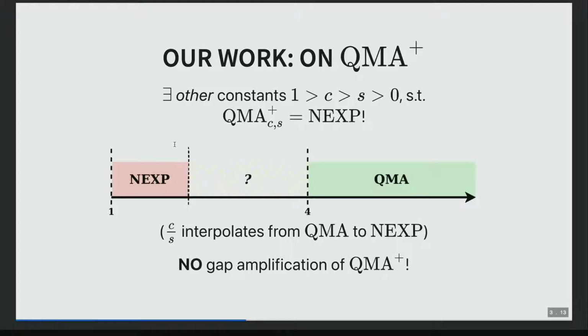So now we have a class, QMA plus, that interpolates, if you change this gap, C minus S, or you take the ratio C over S, that in constants goes from QMA all the way to NEXP. And QMA is contained in PP and even in smaller classes. So unless QMA equals NEXP, which is extremely unlikely, there's no way you can have gap amplification of QMA plus. This complicates the picture of gap amplification in this class.